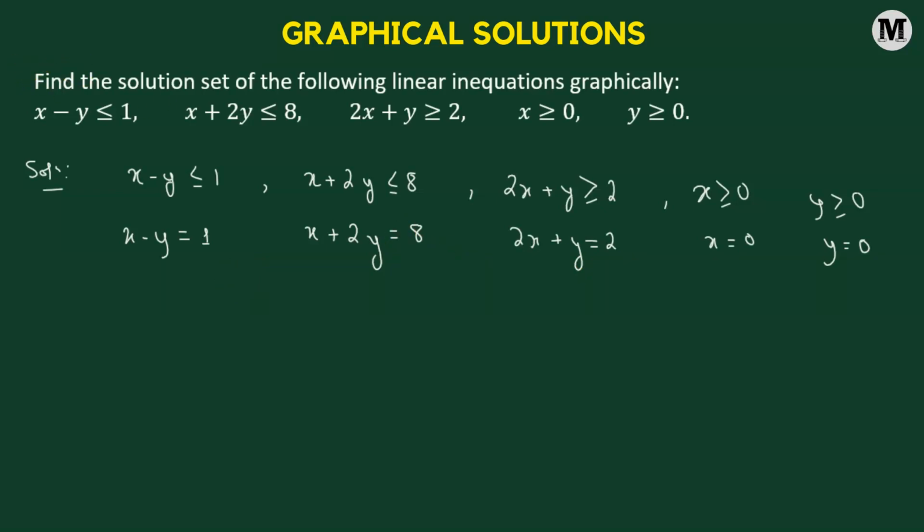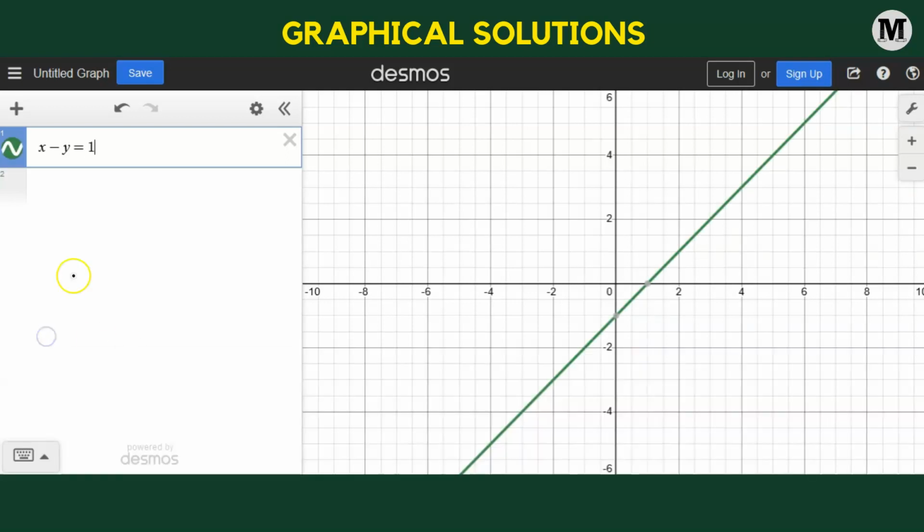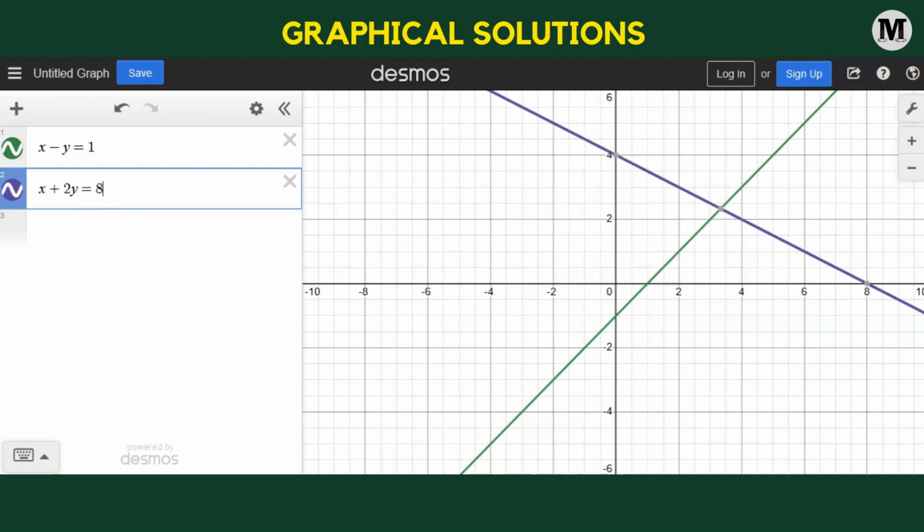We're going to use Desmos here. First we begin by plotting x minus y equals 1. Next we sketch the graph of x plus 2y equals 8.